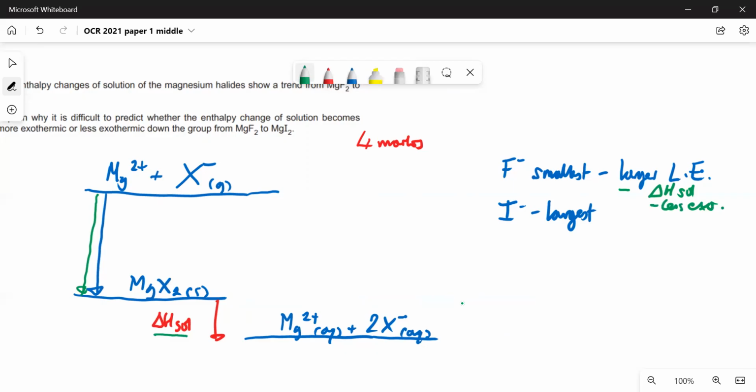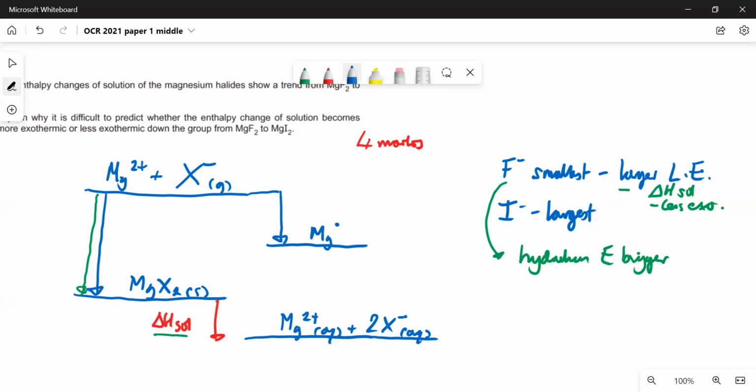Right, but then because the F minus is a lot smaller, let's think about the hydration energy. The hydration energy is bigger, because you've got higher charge density on the fluoride ion than you have on the iodide ion. So the hydration energy is bigger. There are two steps in the hydration. But first of all, you hydrate the magnesium.